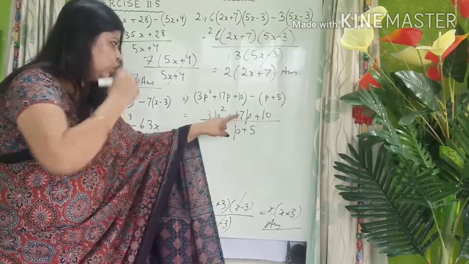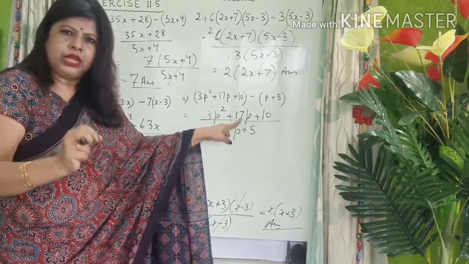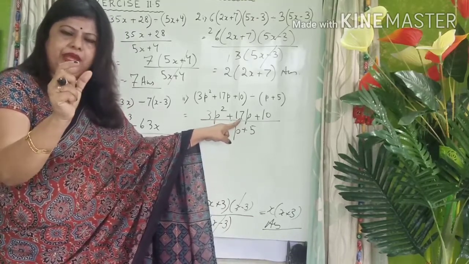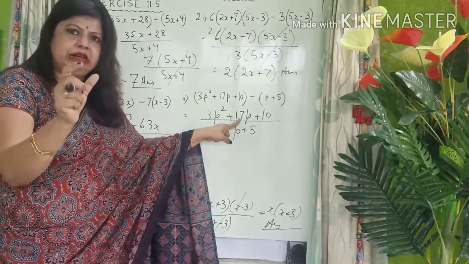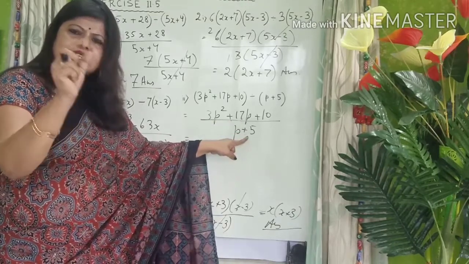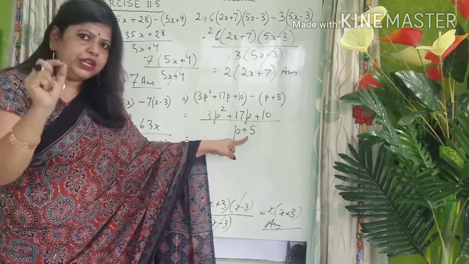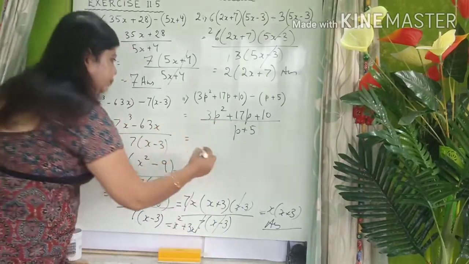See, what you have to do is, you have 17p in the middle. You have to break 17p in such a way that after factorization, you will get p plus 5. Now, here you have to be very careful. 17p if I come to.